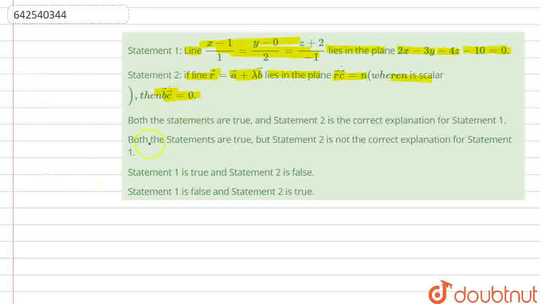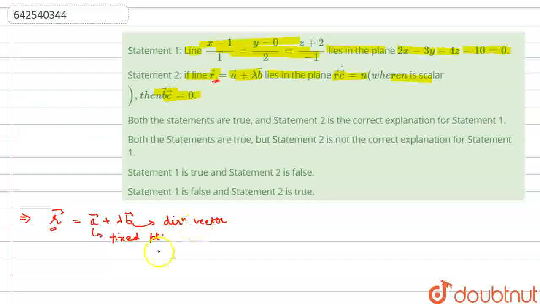So in this problem, first of all, let us see that we are given a line r vector is equal to a vector plus lambda b vector in statement 2. If we consider this as a line, this means that this line is passing through a fixed point a vector. This is a fixed point on the line, and this b vector is the direction vector of r vector.